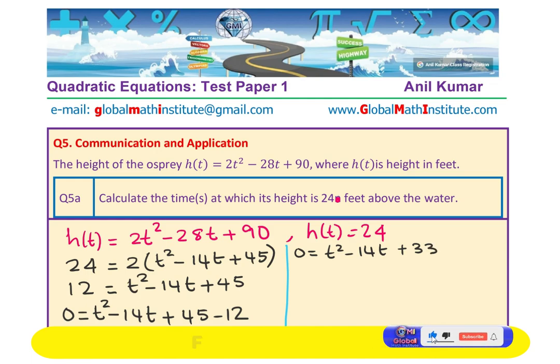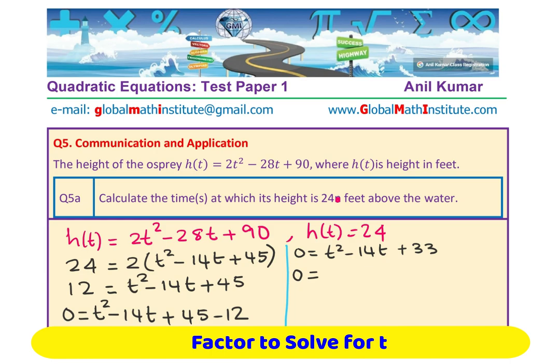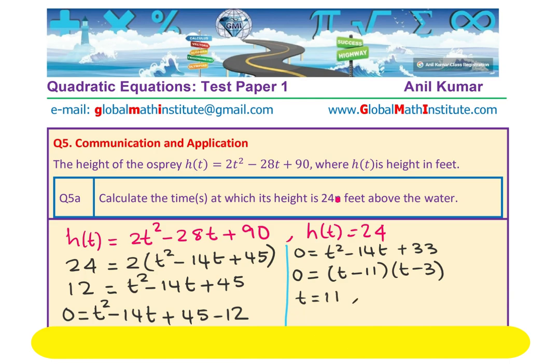Now this can be factored. 33 is 11 times 3, and when you add them you get 14. Both negative will give you minus 14. So that gives you t minus 11 times t minus 3. So the time when the height is 24 is equal to 11, or it is equal to 3.